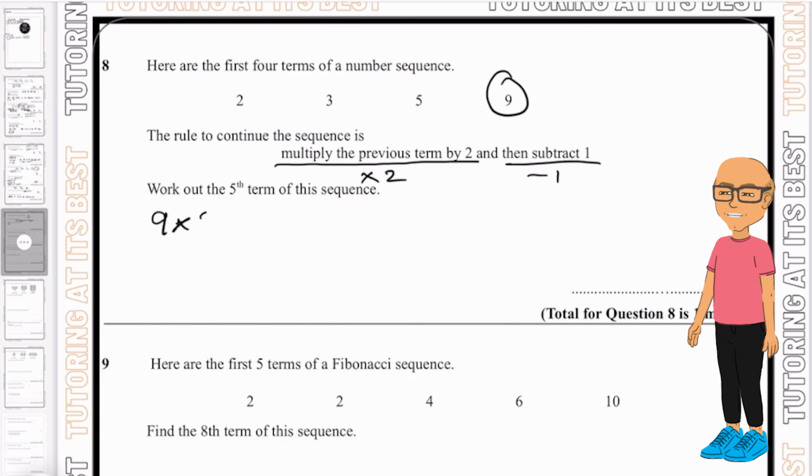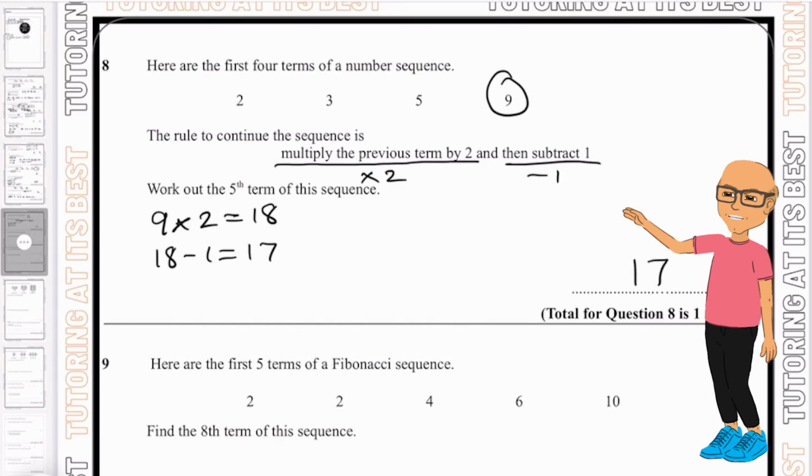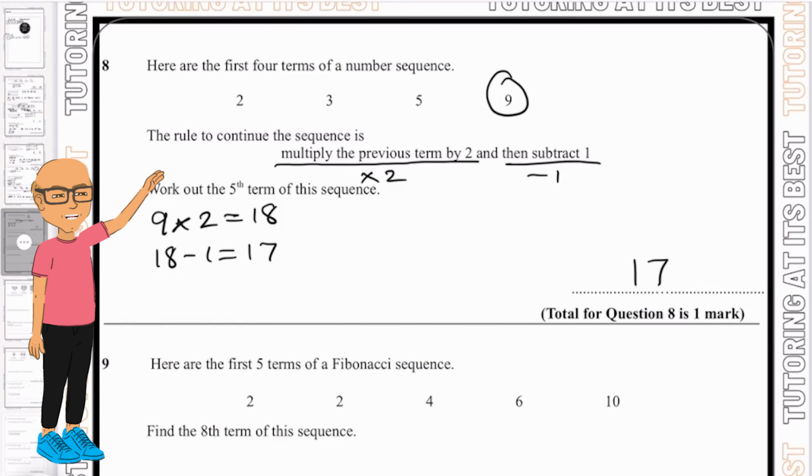So 9 times 2 is 18. And then we are going to minus 1, which gives us 17. And that is our answer. So again, please remember that at certain points, you may have to break down a question into smaller, more useful parts. Calculate those parts and then put them back together.